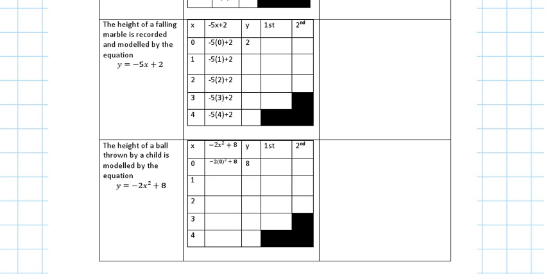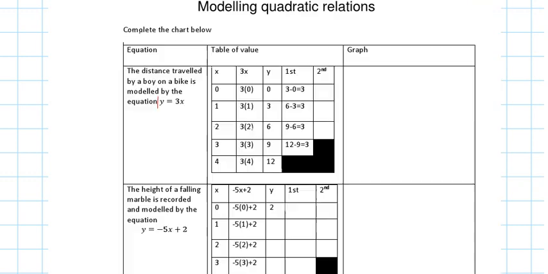So if we look at the first question, the distance traveled by a boy on a bike is modeled by the equation y equals 3x. So this is the equation of your function. Can you tell me from this equation if this is linear or quadratic? Linear, because there's no degree on that x, so that means it's degree 1.